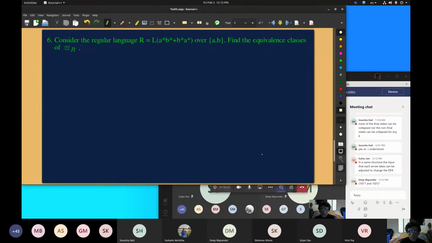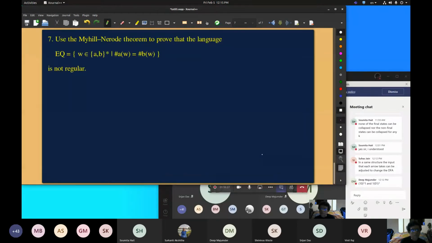Let me give you something a little bit more conceptual. This one maybe, which is an application of the Myhill-Nerod theorem. So consider this. We have proved in 2 different ways that this language is not regular: the set of all strings over A, B such that the number of A's is equal to the number of B's.